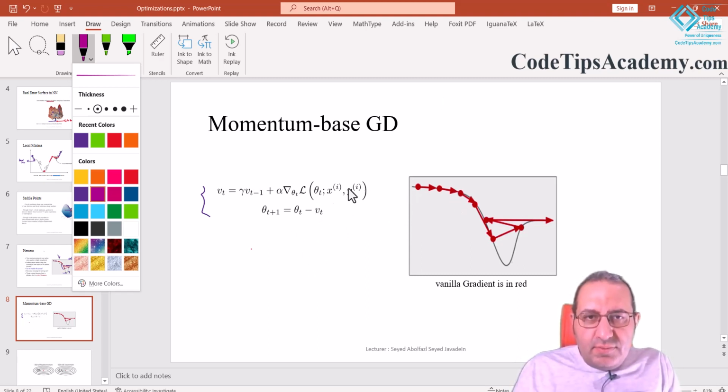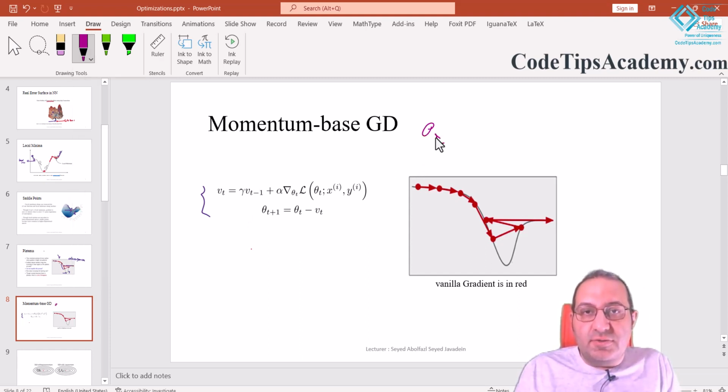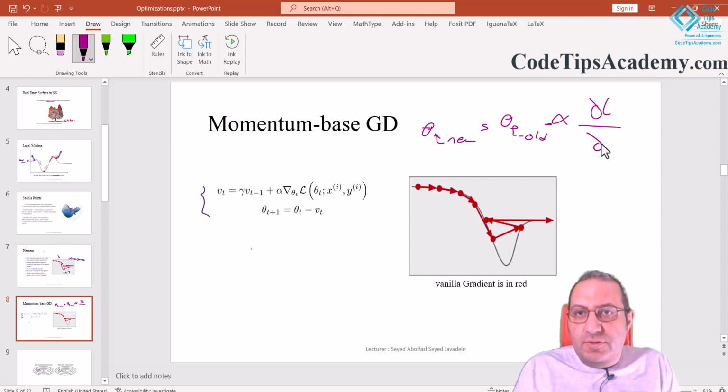The standard formula for updating weights in gradient descent is: theta t new equals theta t old minus the learning rate alpha multiplied by the gradient of the loss function with respect to the weight theta.